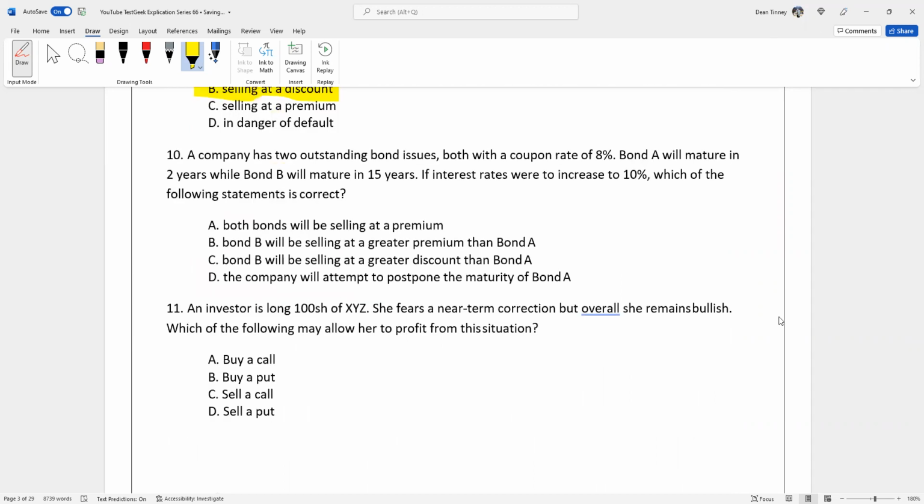A company has two outstanding bond issues, both with a coupon of 8. Bond A will mature in 2 years, while bond B will mature in 15 years. A good way to remember this is longer term bonds always have greater volatility and the lowest coupon. The higher the coupon, the more stabilization it adds to the price.